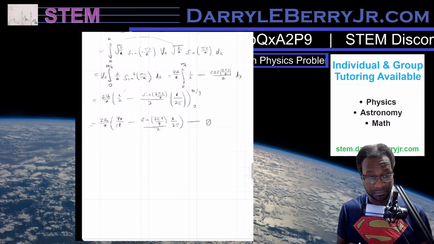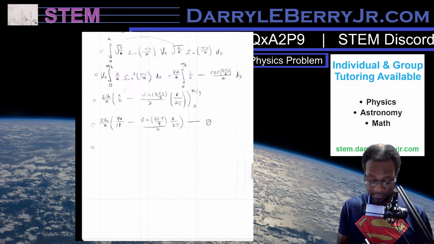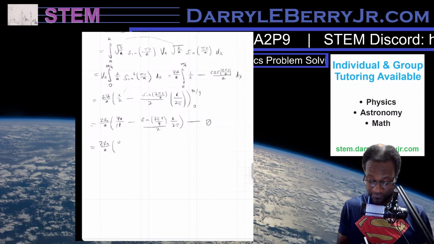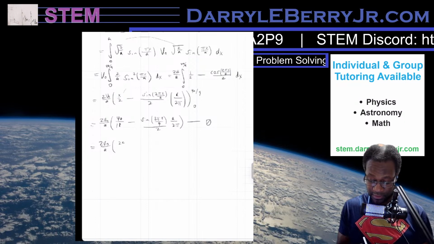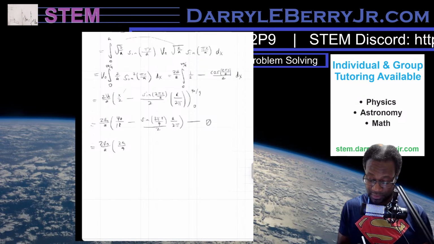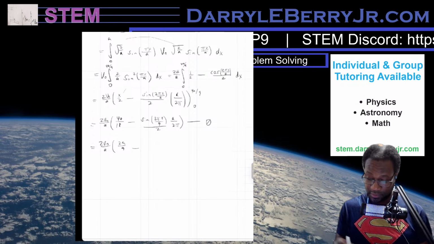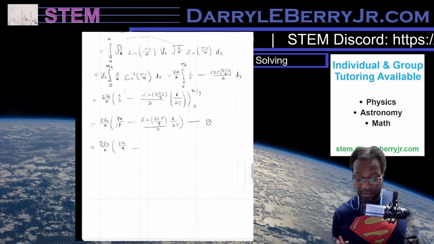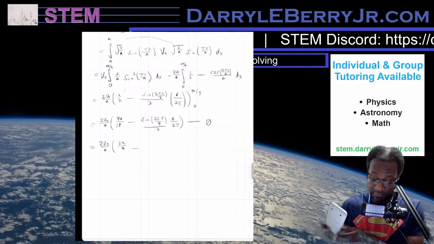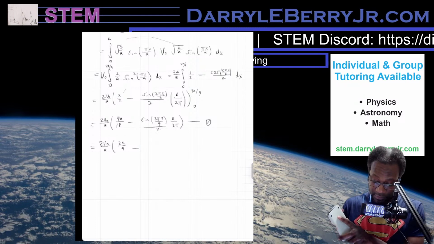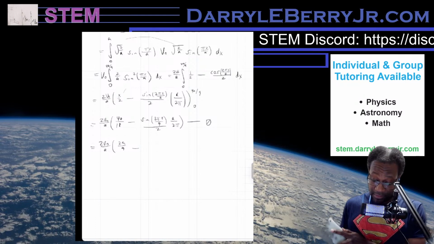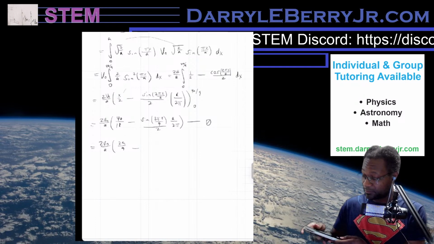So we have 2 V naught over a, 2a over 9 minus, so I'll actually put this in my calculator and see what this is. The 8 pi over 9 is what that'll be.